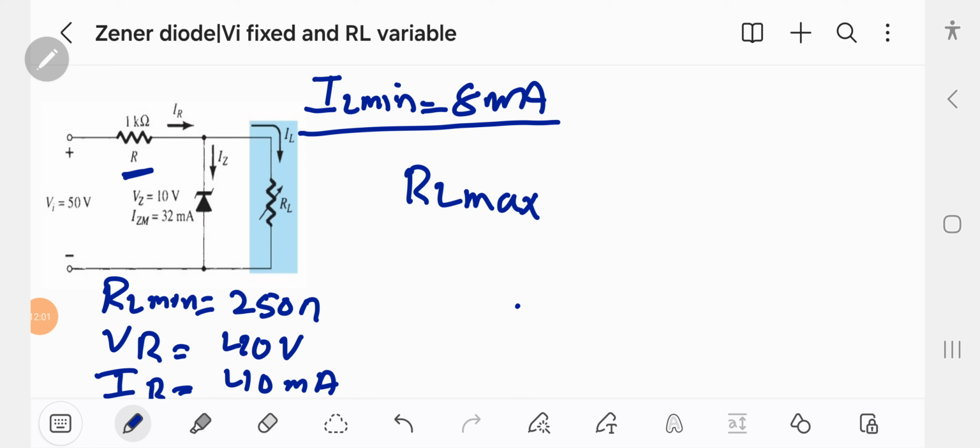This is the RL maximum value, the load maximum value for which the diode is on, which can be found from this equation.